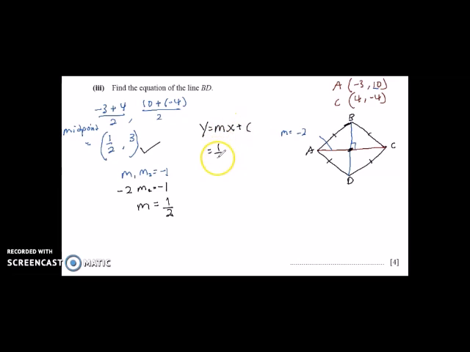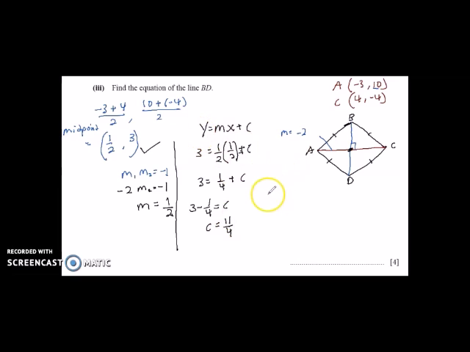So m is 1 over 2. For the coordinate, we choose the midpoint, x is 1 over 2, to find c. Here y is 3, so 3 equals 1 over 4 plus c. So 3 minus 1 over 4, and c you will be getting here is 11 over 4.